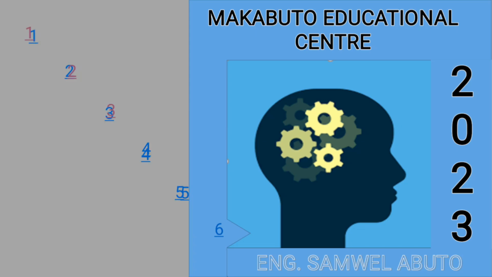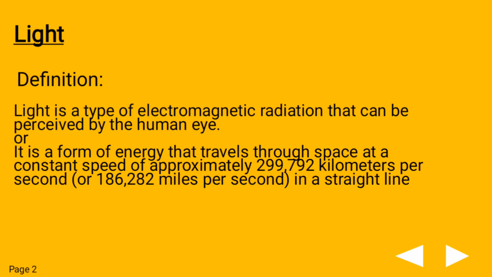Now, what is light? Light is a type of electromagnetic radiation that can be perceived by the human eye.